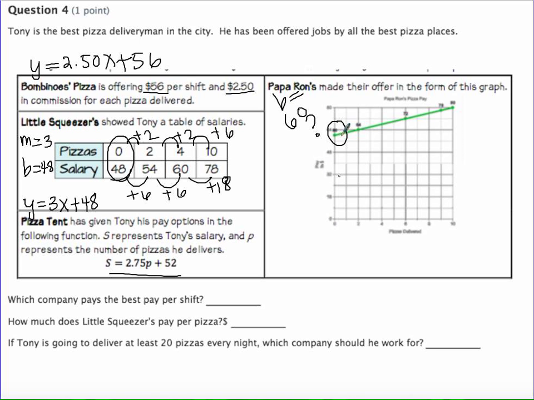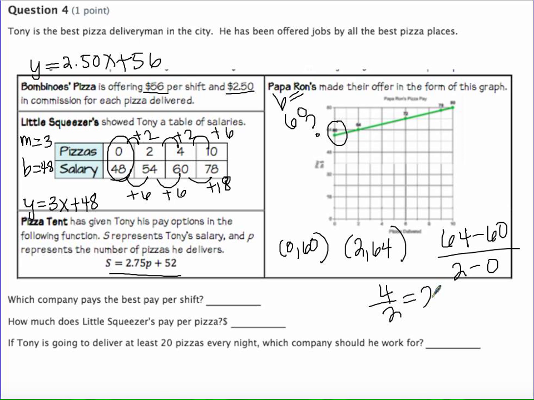So I would use the points 0, 60, and I think that says 64, so 2, 64. So y2 minus y1 is 64 minus 60 over x2 minus x1 is 2 minus 0. So that comes out to be 4 divided by 2, which is a rate of change of 2. So the equation for Papa Ron's is y equals 2x plus 60.